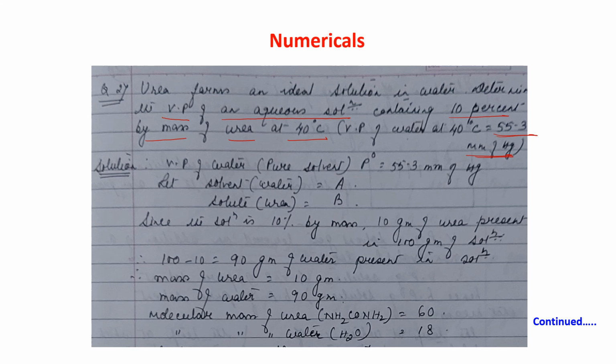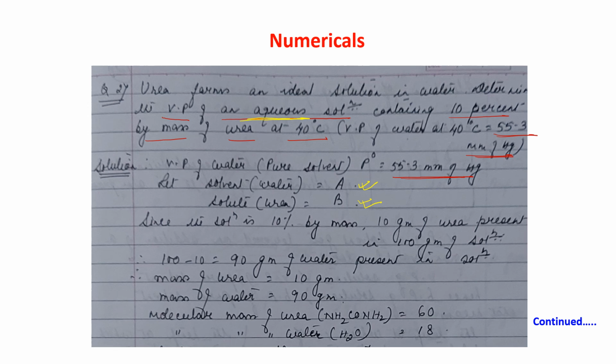Vapor pressure of water, that is pure solvent P0, is 55.3 millimeter of mercury. Okay. Let the solvent water be A, and solute urea be B. Because it is given, determine the vapor pressure of an aqueous solution, that means your solvent is water.